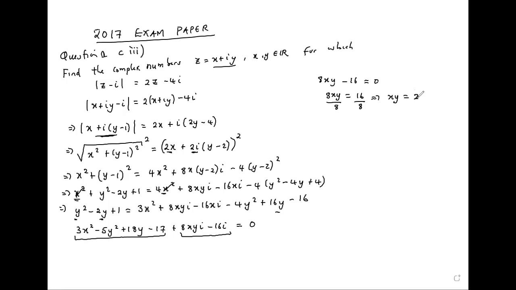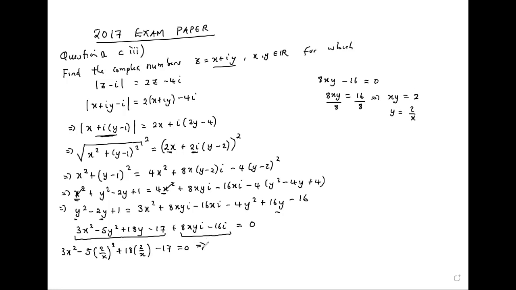So from there, we can choose to solve for one of the variables, say y is equal to 2 over x, and then bring it in the equation 3x squared minus 5. There we have 2 over x squared plus 18, 2 over x minus 17 is equal to 0.